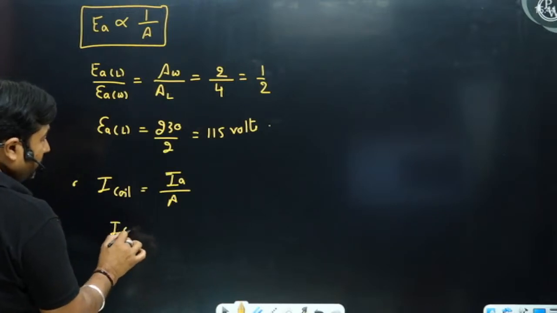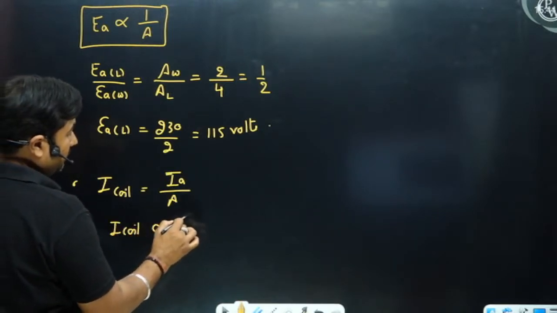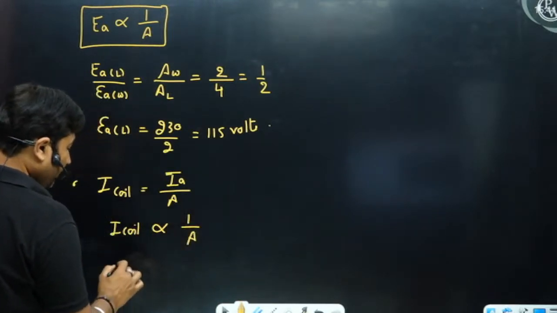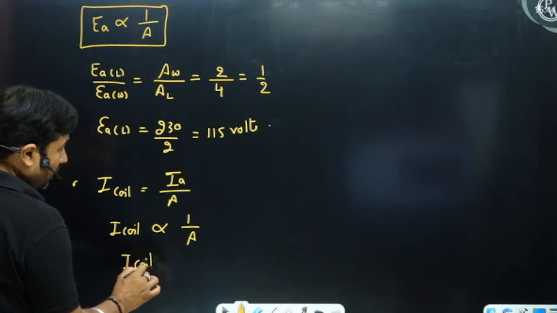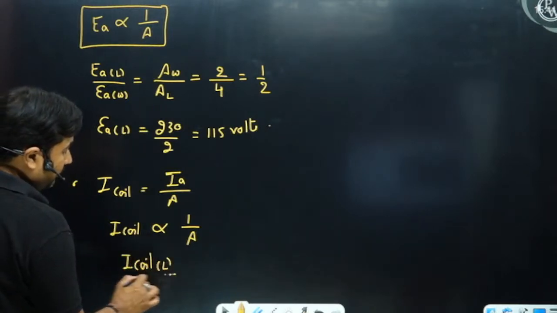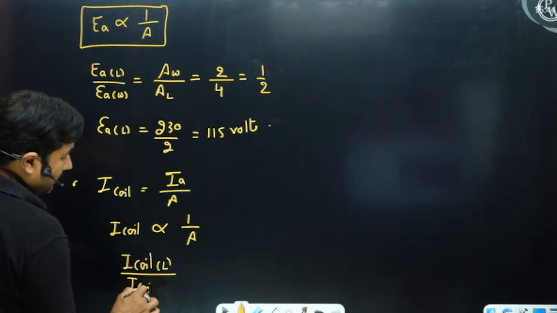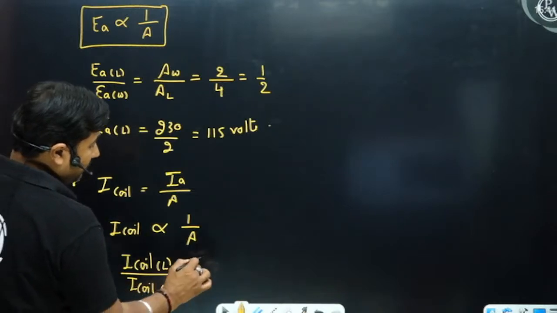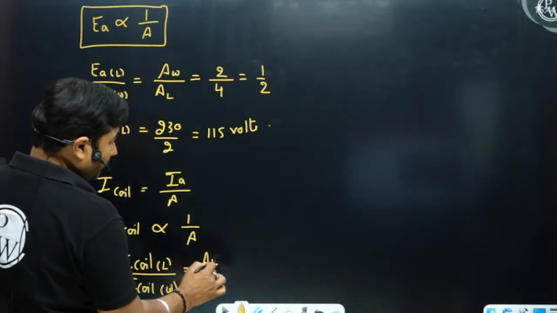This shows coil current is proportional to number of parallel path. So coil current in case of lap by coil current in case of wave will become wave by lap.